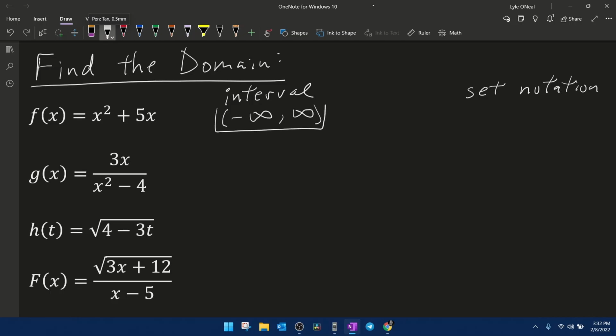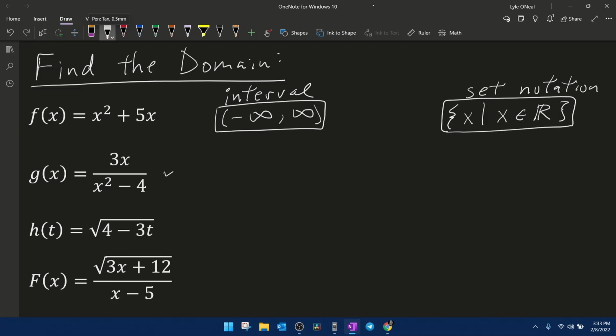That would be the domain in interval notation. The way you say that in set notation is you're going to use a brace. We're going to say the set of all x such that x is an element of the reals. This is the fancy math notation way to say x can be any real number.